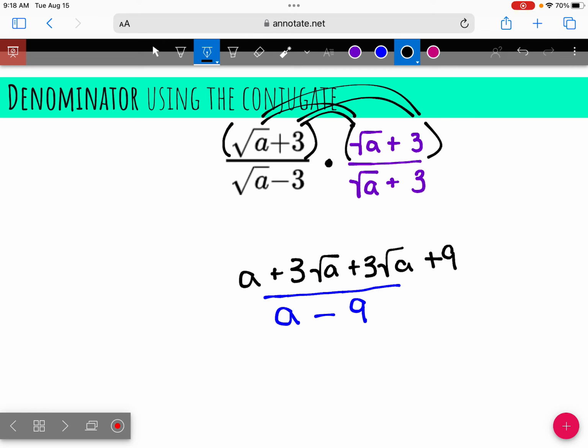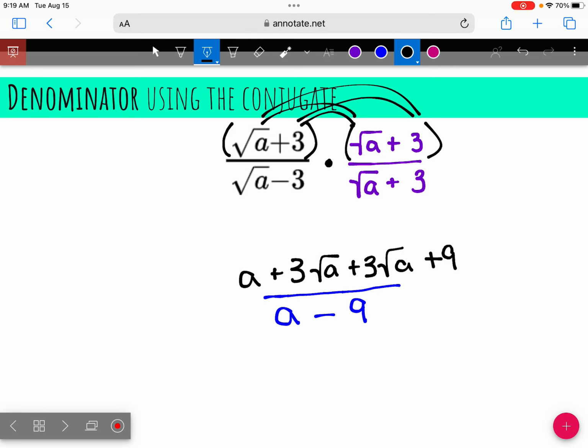We distributed. Square root of a times square root of a gives us a. Square root of a times 3, 3 square root of a. 3 times square root of a, 3 square root of a. 3 times 3, 9. Okay?